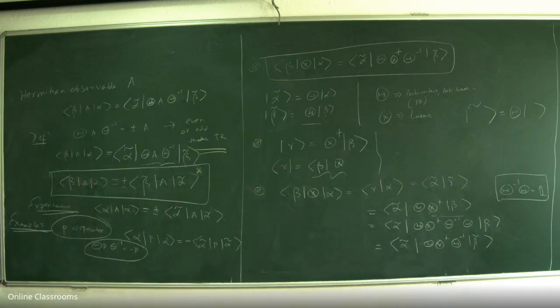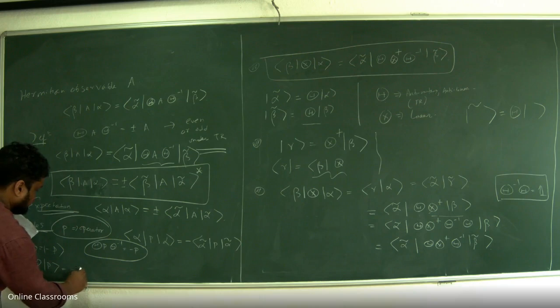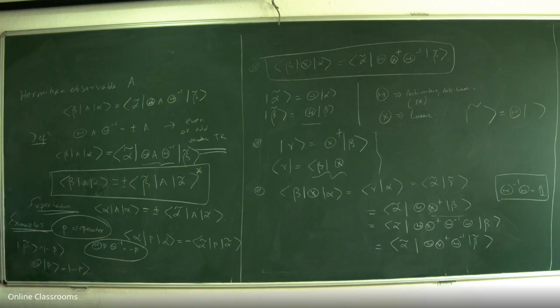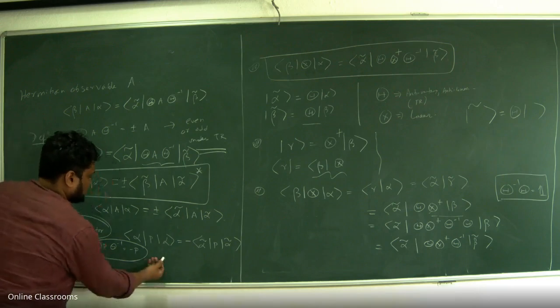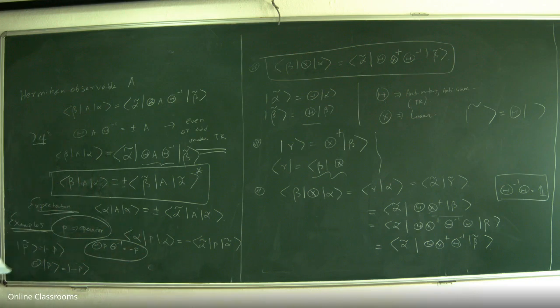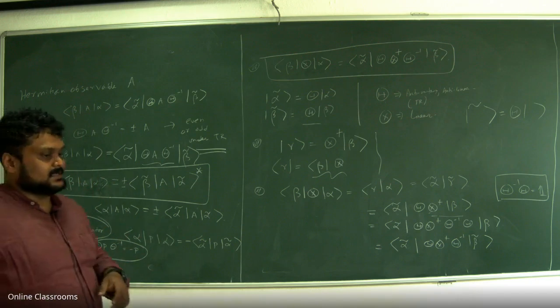So one more point, if you want to construct the partner, which means you want to construct the P tilde, P tilde is simply minus P. So that means basically theta times P is simply minus P. Okay. Now you can do the same thing for the X operator. This is an example I gave you for an operator that is odd under time reversal symmetry.